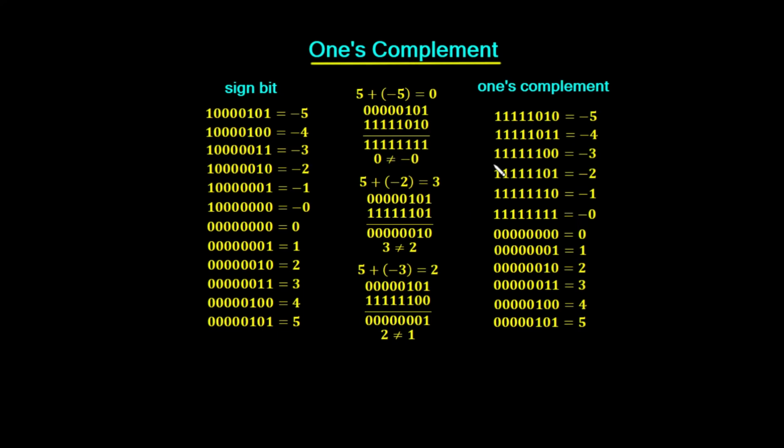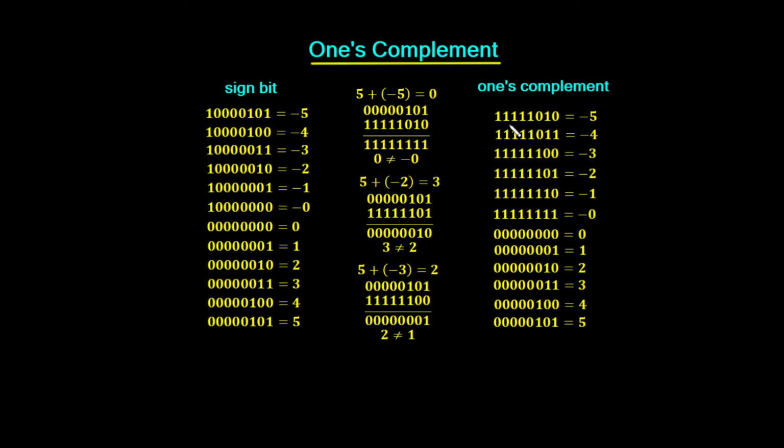The first bit remains the same, but then we invert the rest of the bits for the negative values only. So this number, for example, the 1 remains as the 1, these get inverted so they all become 1s, and this gets inverted so it becomes 0, 1, 0. So that represents -5, -4, and all the way up to 5.